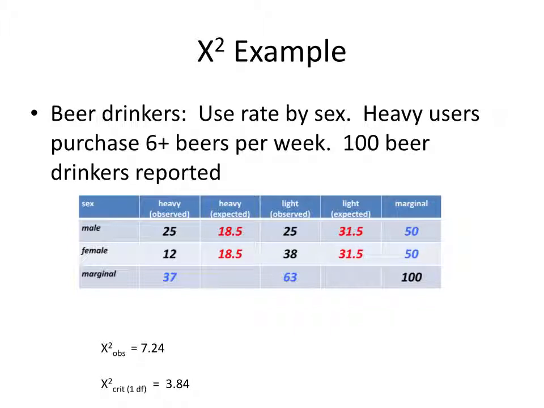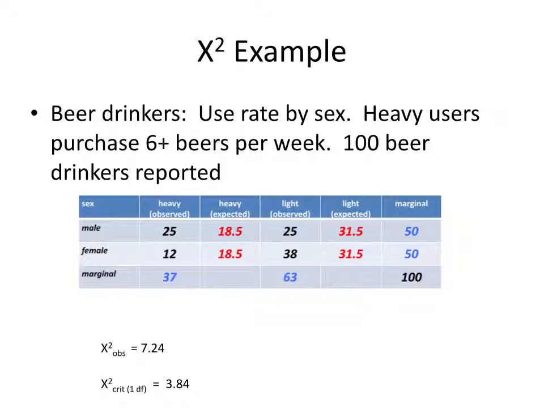Now, the expected frequency is, again, the row marginal for males is 50 times the column marginal for heavy, and there are 37 heavy drinkers. So 50 times 37 divided by 100, and that gives us 18.5.